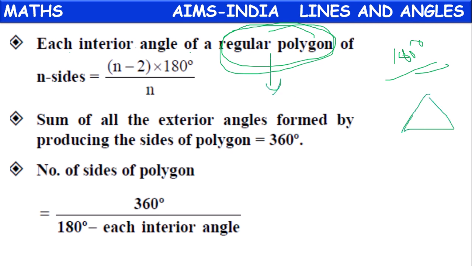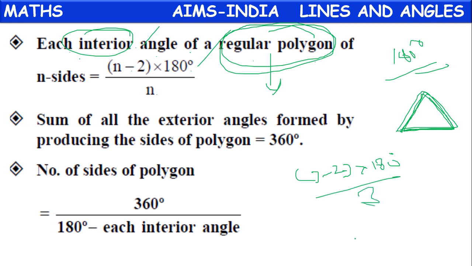If all sides of a triangle are equal, then it is called a regular polygon. The measure of each interior angle of a regular polygon is n minus 2 into 180 divided by n. So 3 minus 2 into 180 by 3, 180 by 3 equals 60 degrees. Equilateral triangle.